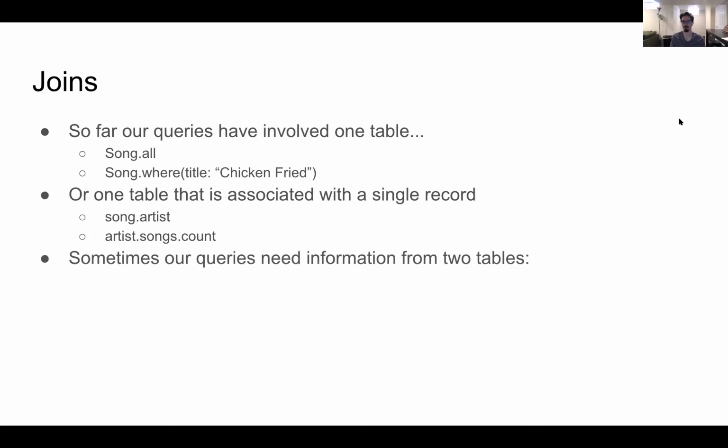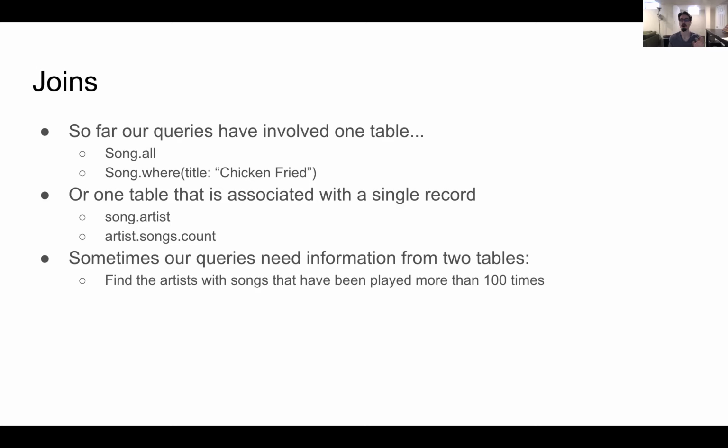Sometimes we're going to need information from two tables, such as: find the artists with songs that have been played more than 100 times. Notice that this is different than the previous one. We're not looking at a single artist.